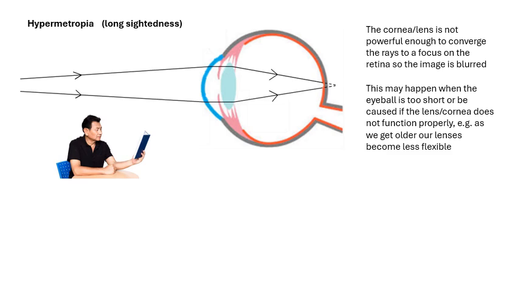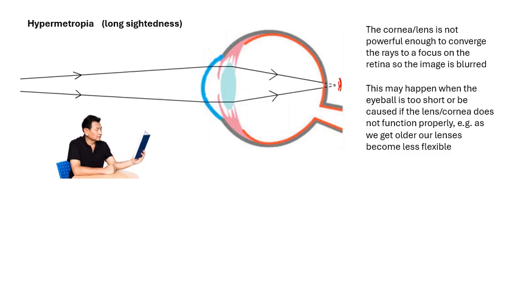Hypermetropia is long-sightedness. You can tell a person here because they hold the book far away from their face to try and get it in focus. The rays of light would converge behind the eyeball, but obviously they don't have a chance to get there, so you just get a blurred image on the retina. The cornea and lens is not powerful enough to converge the rays to a focus on the retina.